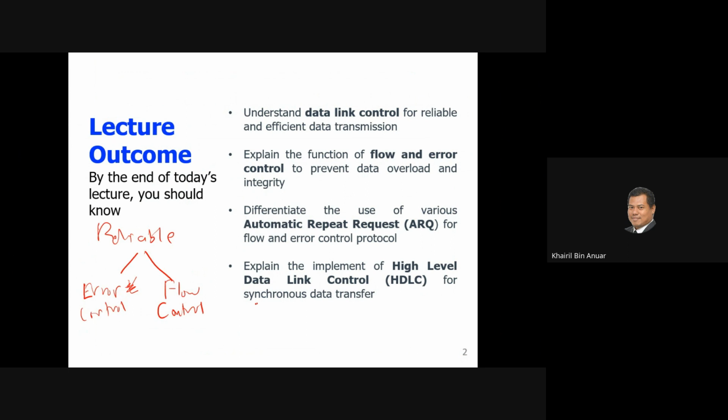So when we talk about flow control, if you have your sender TX and your receiver RX over here, then you have your medium. You generate packets, and these packets are sent to here.